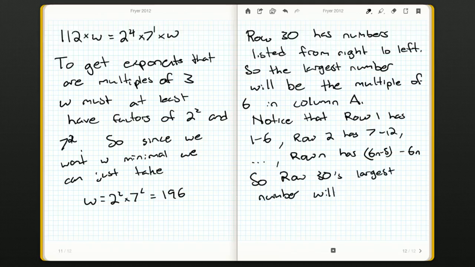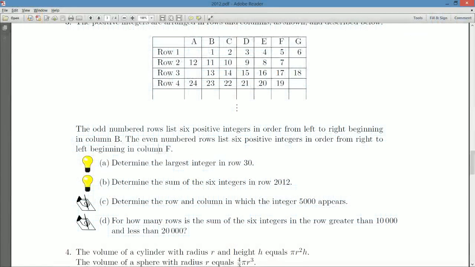So row 30's largest number will be its multiple of 6, specifically 6 times 30. So 180. All right. So we have the largest integer in row 30.